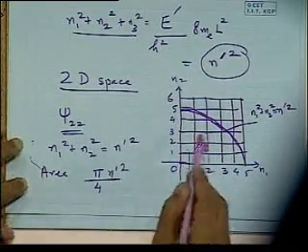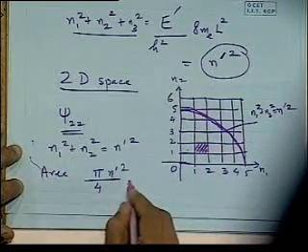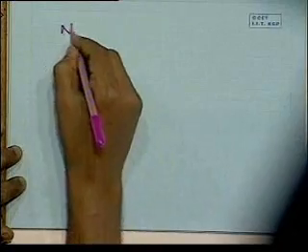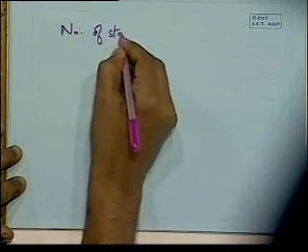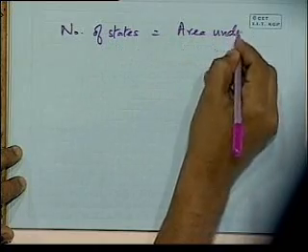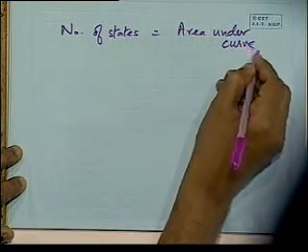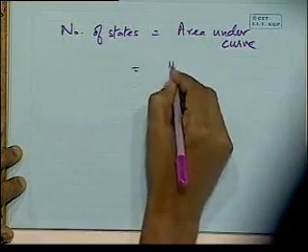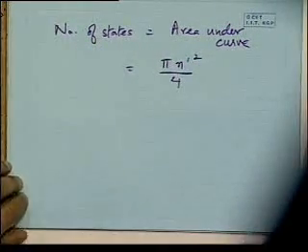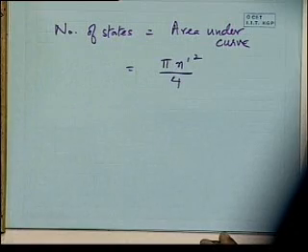And from which, knowing the area, let me rewrite that, the number of states is equal to the area under the curve, and therefore that is simply equal to pi n dash squared by 4. Okay?